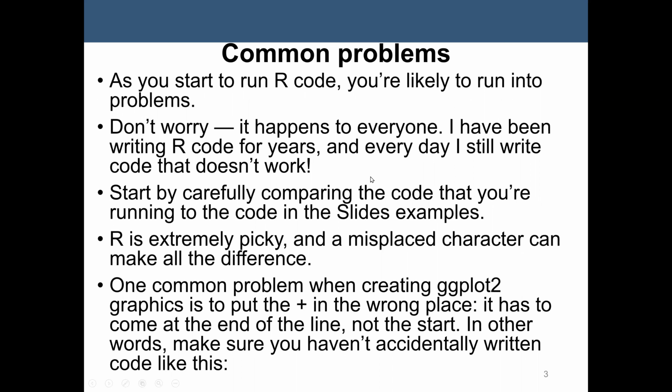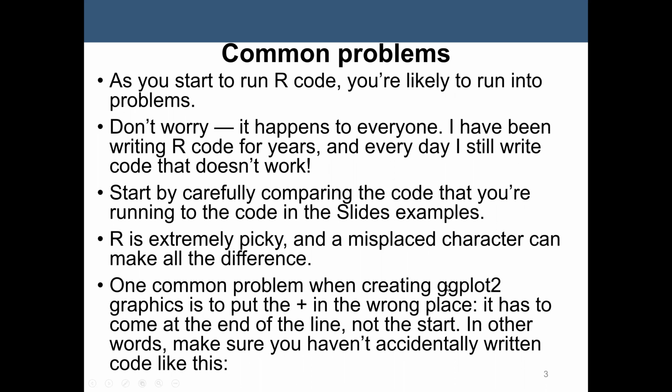Also, if you want to practice with the code in these slides, be careful when you are writing the code. One of the common errors is the plus. We normally put the plus at the end of a line. For example, if the code I want to write is too long, it cannot go on one line.